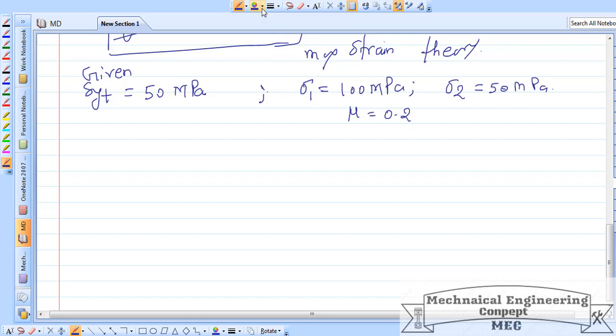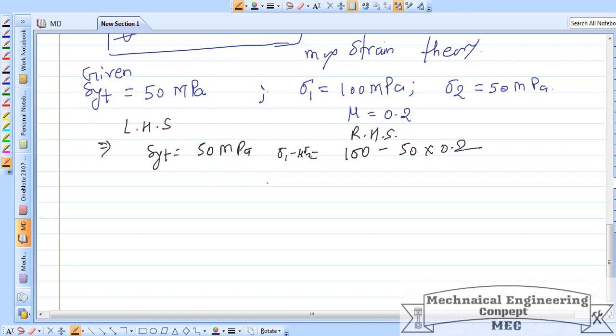If we put the values in the equation, the left hand side SYT will come out as 50 megapascal, and on the right hand side, sigma 1 minus mu times sigma 2, that is 100 minus 50 into 0.2, it will come out as 90 megapascal. It means the left hand side value is less than the right hand side.